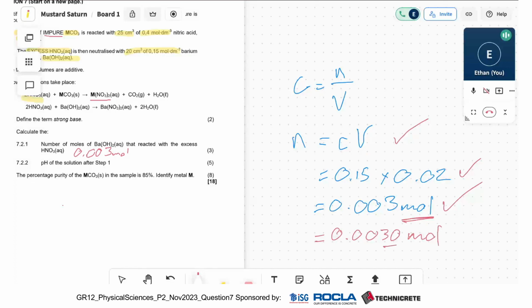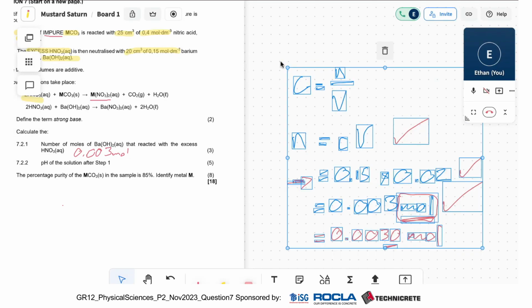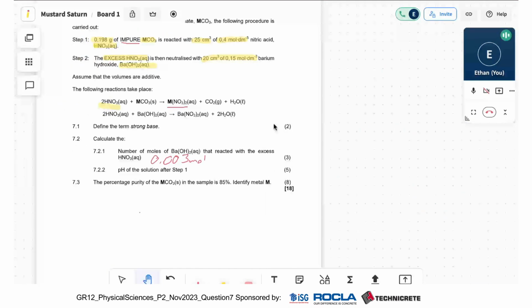So this is technically more correct, but just some things to think about. You don't want to lose a mark because you forgot to put the units, or you did the calculation incorrectly and you didn't show your steps. So you lose a mark because maybe you just wrote the answer instead of showing the steps here. But these are just some things to keep in mind when doing these calculations.